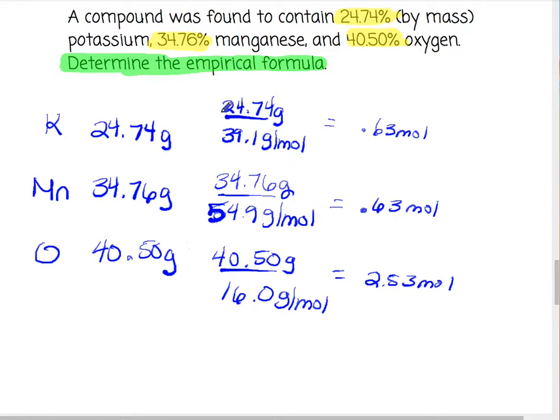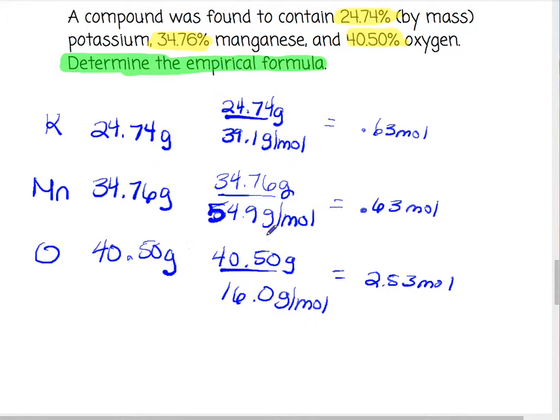So you would type in clear 24.74 divided by 39.1, and you'll get 0.63 moles. And then you're going to do the next one, 34.76 divided by 54.9, and hit enter, and you get 0.63. And then finally 40.50 divided by 16.0, making sure that you write the top number in your calculator first. You should end up with 2.53 moles.